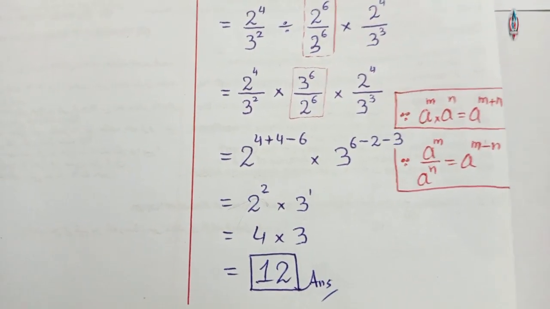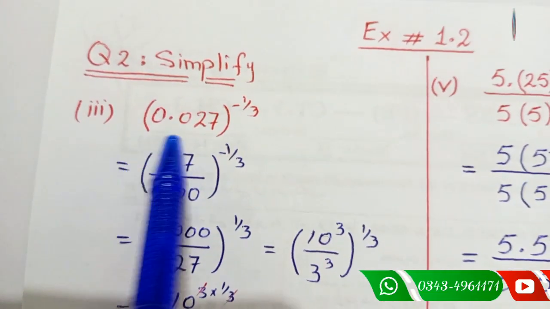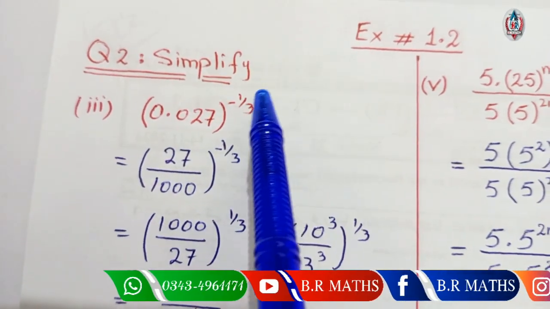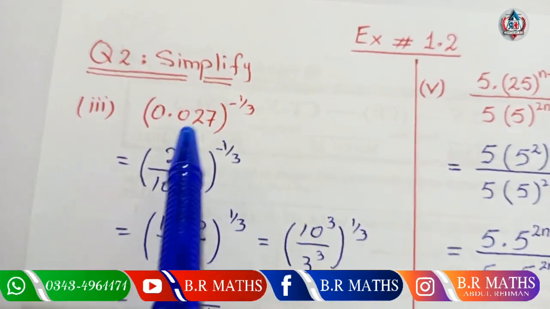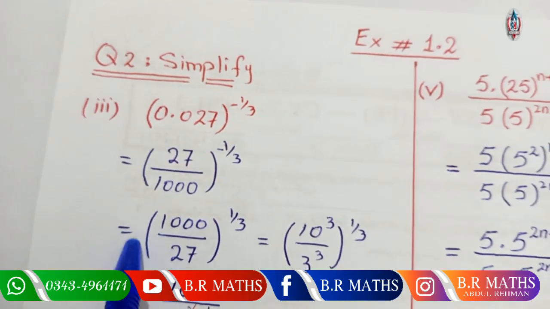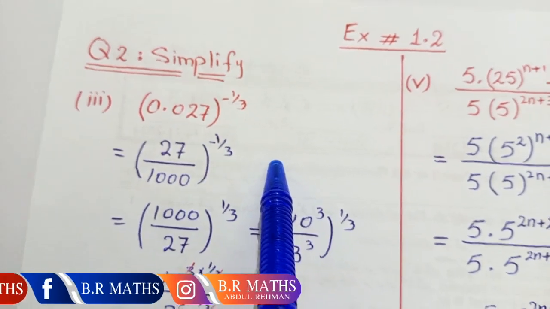I hope you understand this question. And then the third part of question number 2 is 0.027 raised to power minus 1 over 3. First of all, remove the decimal. So 27 divided by 1000, with minus 1 by 3 in the exponent.